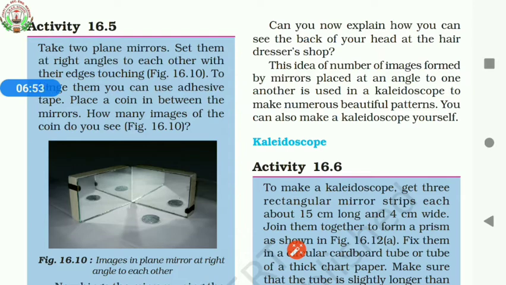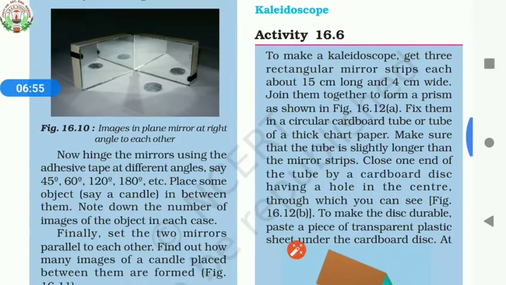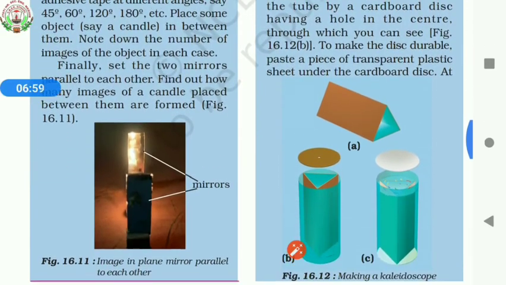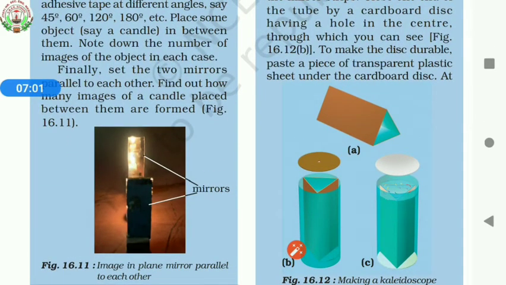To make a kaleidoscope, get 3 rectangular mirror strips, each about 15 cm long and 4 cm wide.